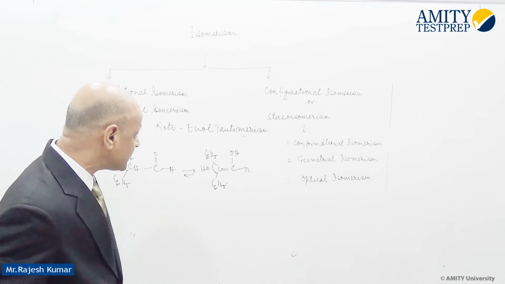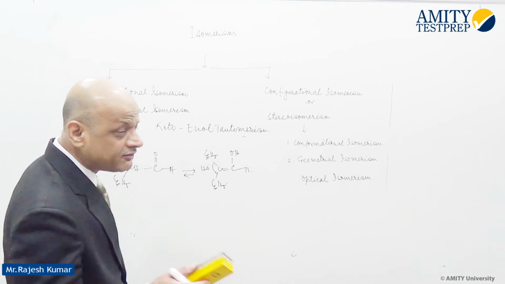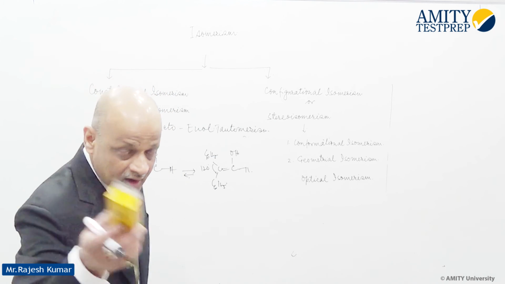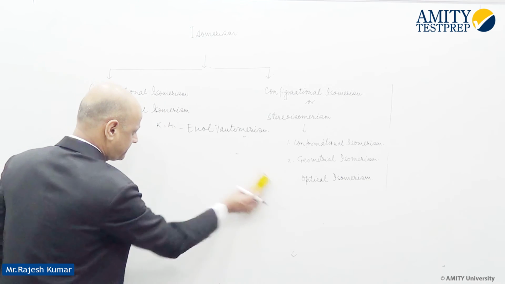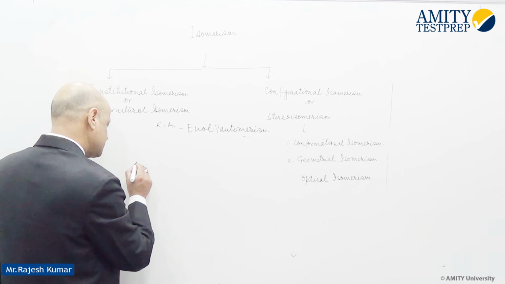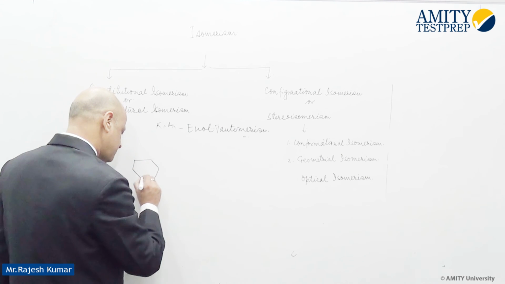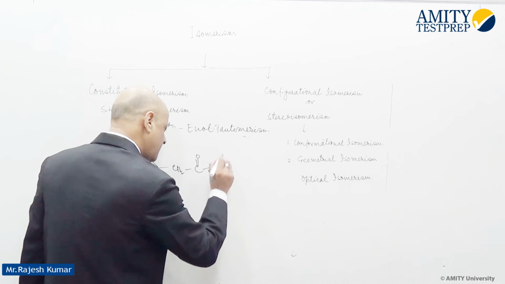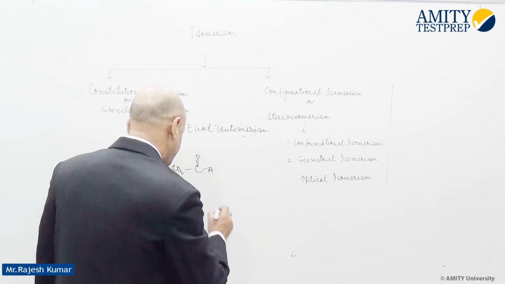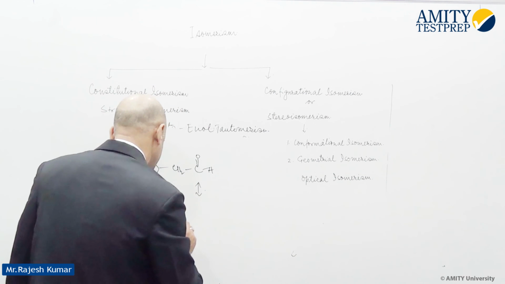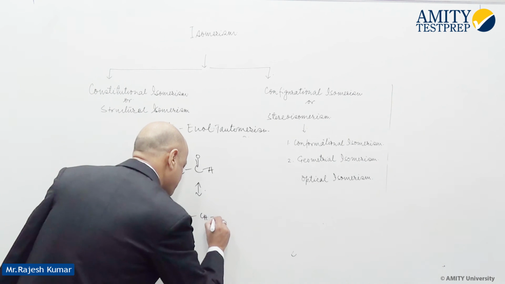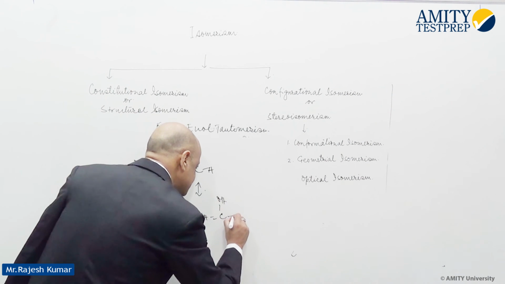Another factor is the conjugate system. If there is a conjugate system, enol form is considered to be more stable than keto form. I'll take an example here. It is keto form, but if it tautomerizes into enol form, the conjugate system appears here.